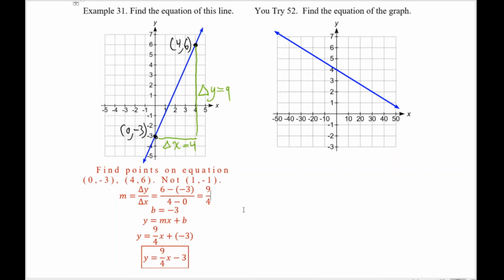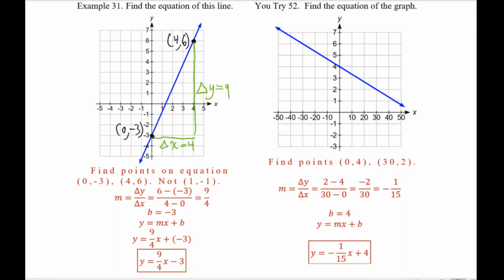For you try 52, find the equation of this graph. How does your work compare to mine? I found this point, 0, 4, and the other point, 30, 2. Notice here my x-coordinates, the hash marks on the x-axis denote changes of 10.